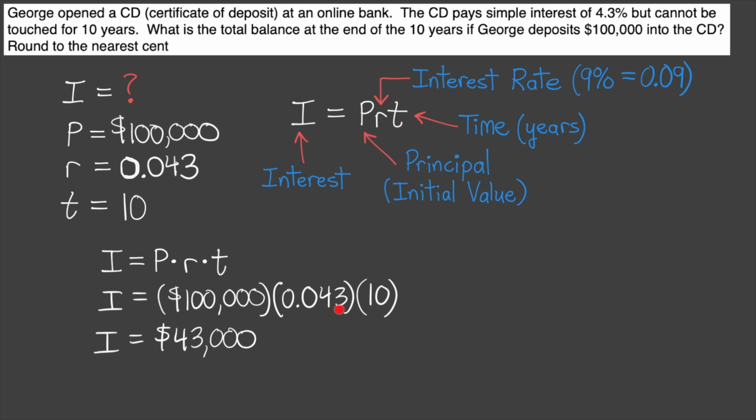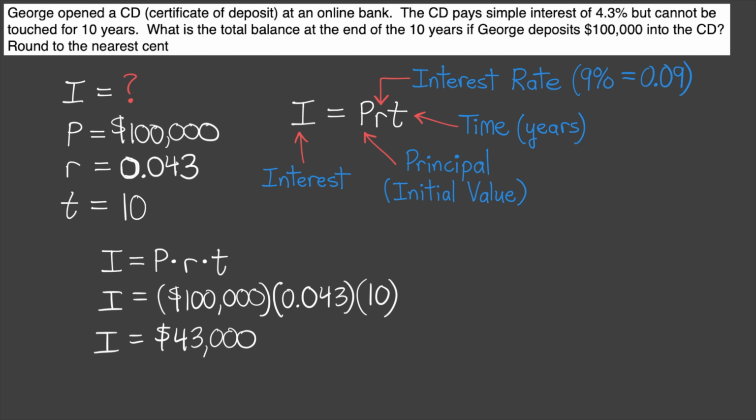But what are they asking us for? They want to know the total balance. So that means like how much money is in his account at the end of 10 years. Well, remember, George deposited $100,000 into the account originally. So we have to add that back to his $43,000 that he got in interest.